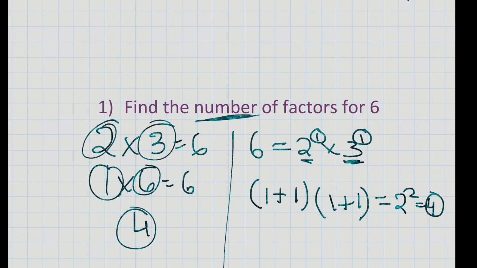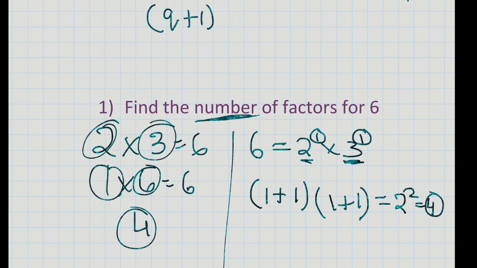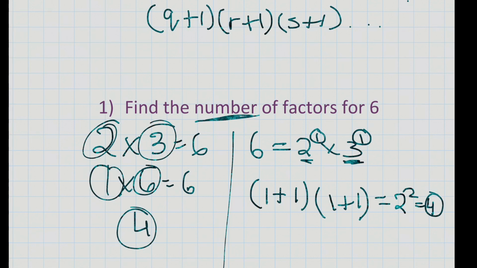This can go on or be shorter than this list. So to find the number of factors, we add 1 to each exponent: q plus 1, then r plus 1, then s plus 1, and so on if we have more terms, or fewer if we have fewer terms, and multiply them together. We'll call this S of f.